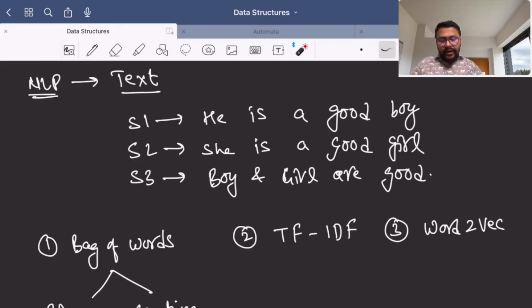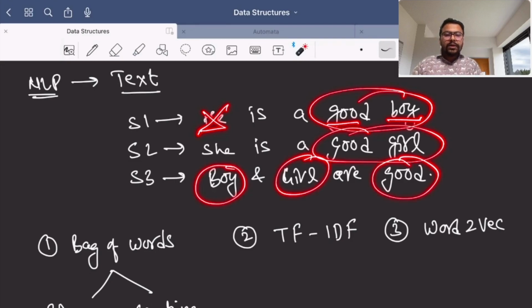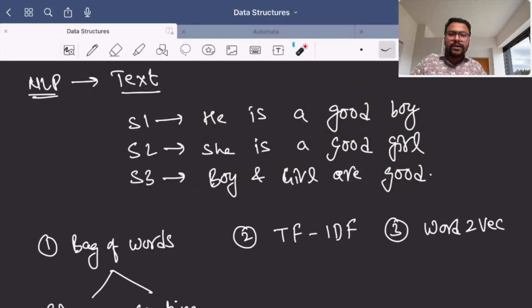So if I write good boy, good girl, boy, girl, good, I will still understand the same meaning, because grammar is used for humans. Grammar is not required for computers or machine learning models. Why? Because it is not working on a particular person, it is working in a generalized form.